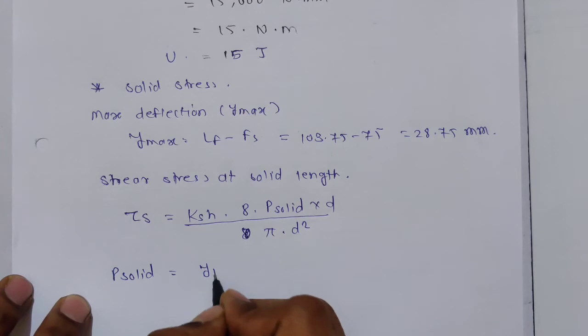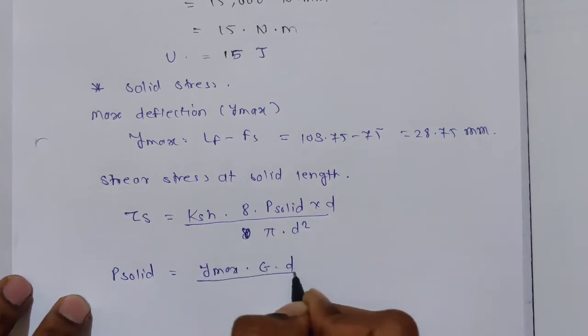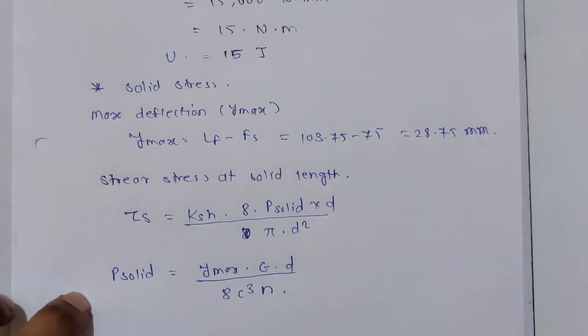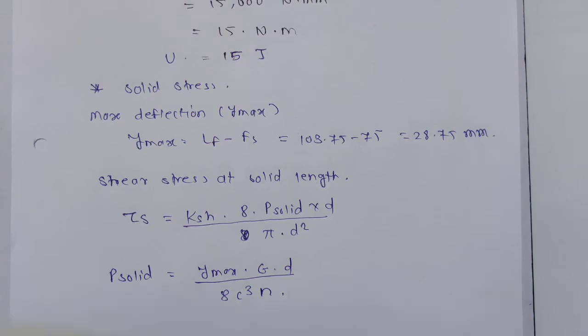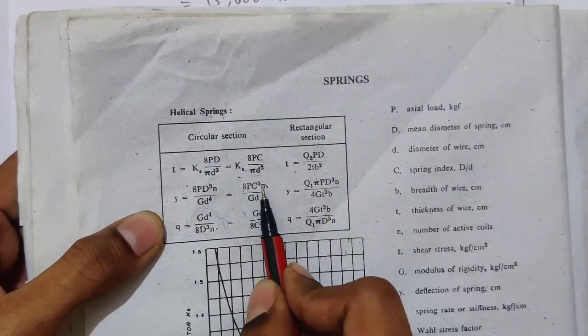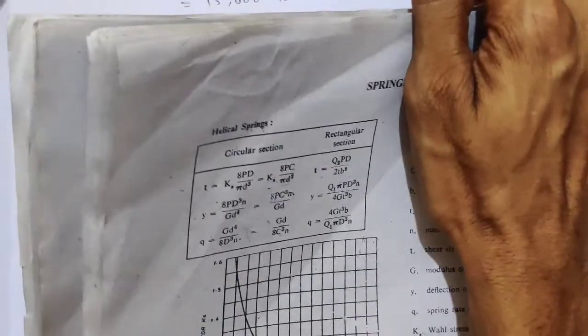P solid is given as y max into G into D divided by 8c cube upon n. So we know the y formula, it is 8PC cube n upon GD.